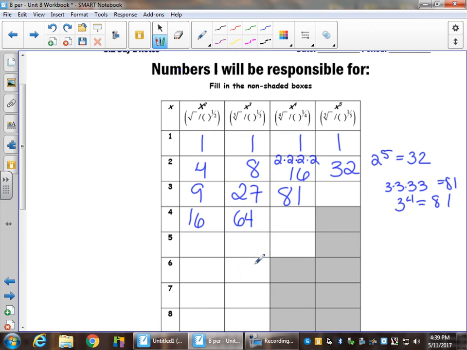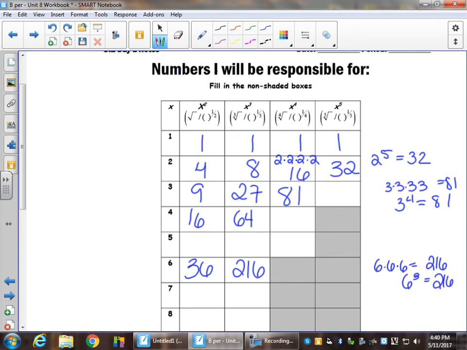A hint, it's going to be in this box. So I'll check this row with you. 6 squared is 36. 6 times 6 times 6, we should have gotten 216. In other words, 6 to the third equals 216.